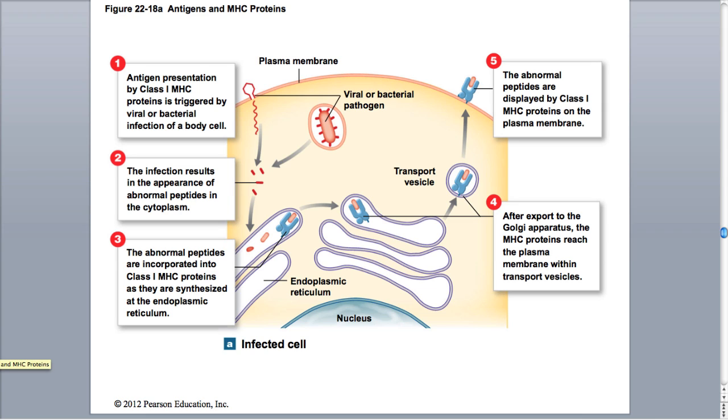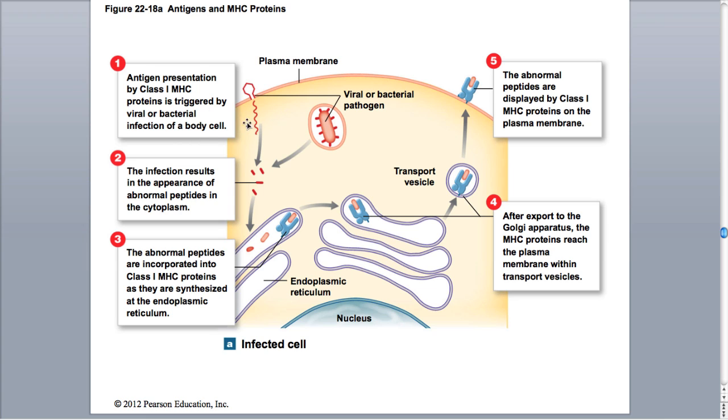Now, that takes me to page 789's picture. So page 789. We're going to go through this picture. It is important. Now, notice I am talking about an infected cell. What do we have here? We have antigen presentation by class 1 MHC proteins triggered by viral or bacterial cells.